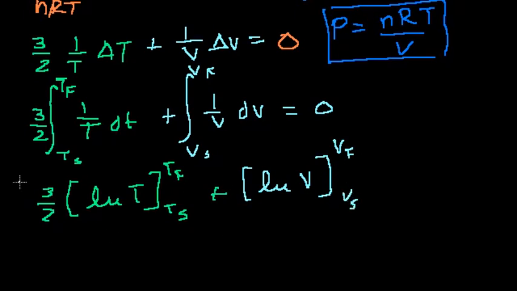This is just the calculus here. And this is going to be equal to 0, right? I mean, we could integrate both sides: if every infinitesimal change is equal to 0, the sum of all of the infinitesimal changes is also going to be equal to 0.